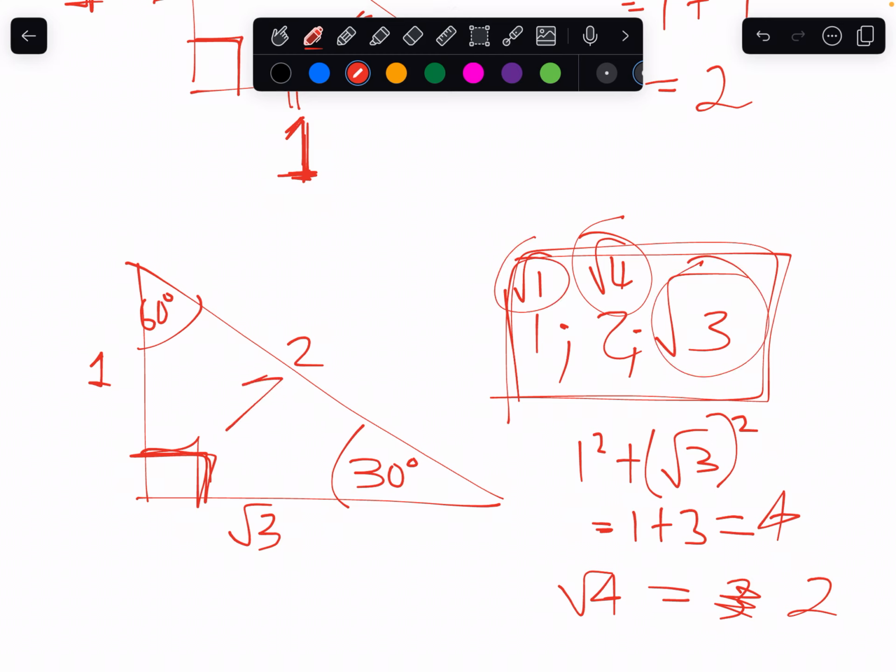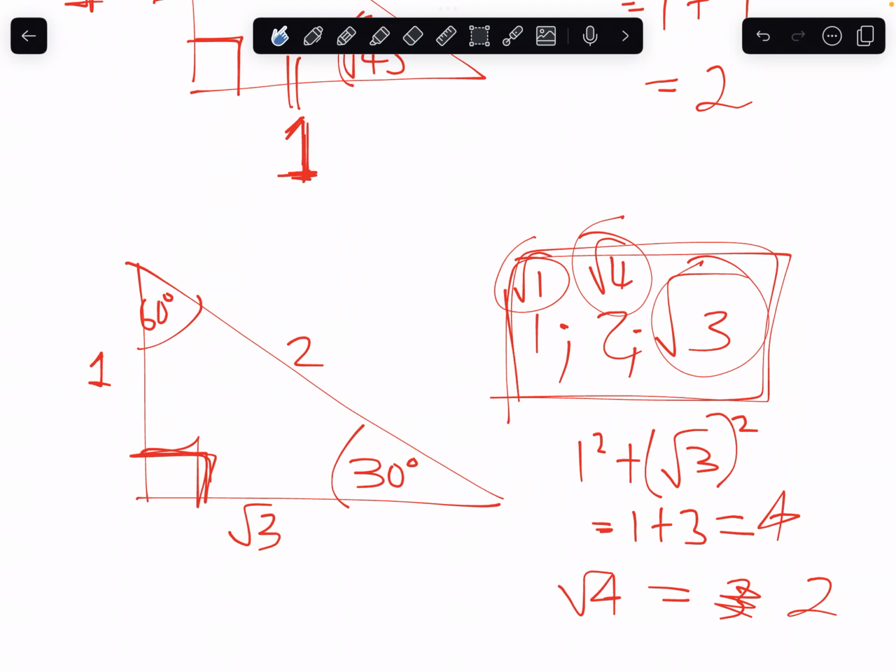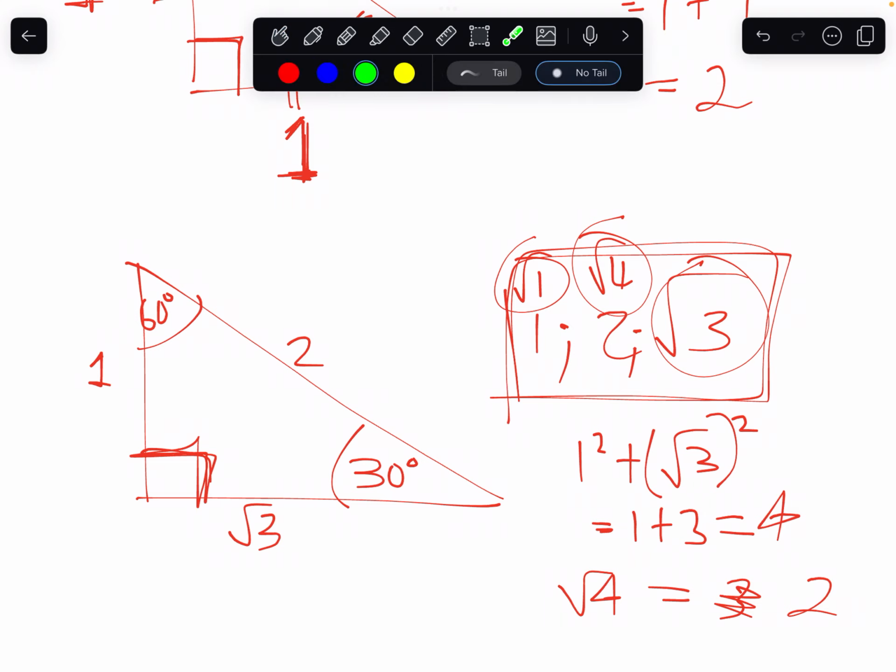So it makes sense that the 2 is over there, and the 1 is over there, and then across the 60 you have the medium side, which is the square root of 3. Anyway, so that's a very long-winded explanation of another way you can remember the ratios for your special angles, right? Because sine of 30 will be opposite over hypotenuse, cos of 30 will be adjacent over hypotenuse, and tan will be opposite over adjacent.